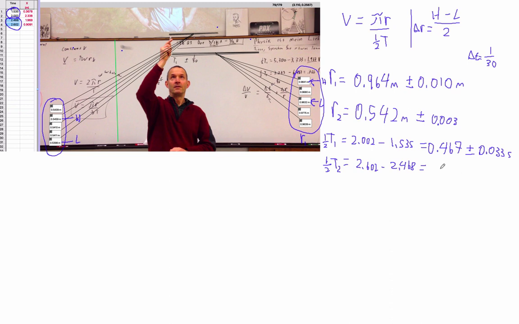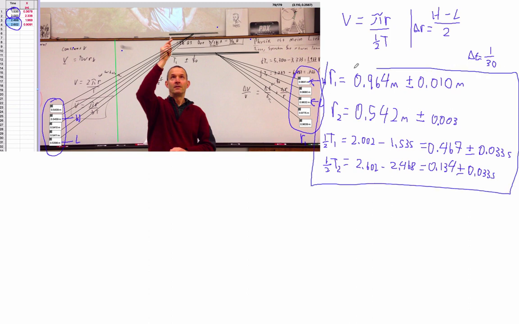And that is 0.134. And that is also plus or minus 0.033 seconds. Okay, so now we've got a data table, right? Your data table is going to be a lot nicer than this, but basically you need the two R's and their uncertainties, the two times and their uncertainties, right? Now we have to calculate the velocities, and we have to calculate their uncertainties, right?